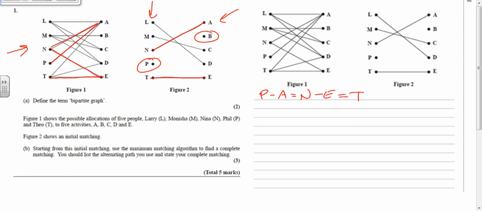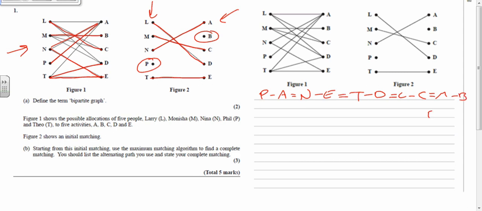So T could go up to A, but we've already used A, so let's go to D instead. And D is already matched to L, so it equals L. And then L can go to C. And C is already matched to M, that equals M. And M can go to B.